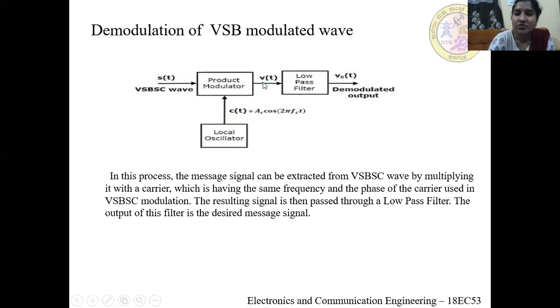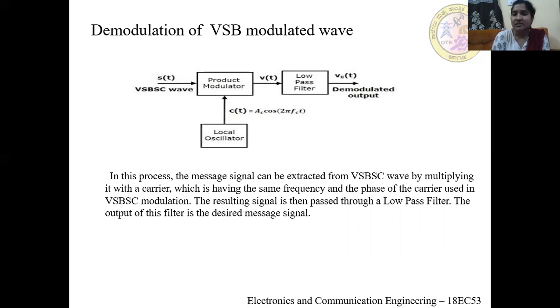Then this v(t) becomes the input for the low pass filter. When you send this v(t) through the low pass filter, we get v0(t), that is the demodulated output message signal. What will the low pass filter do? The low pass filter allows only low frequency signals and rejects the higher frequency signals.